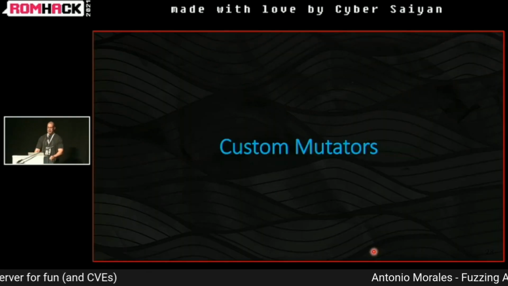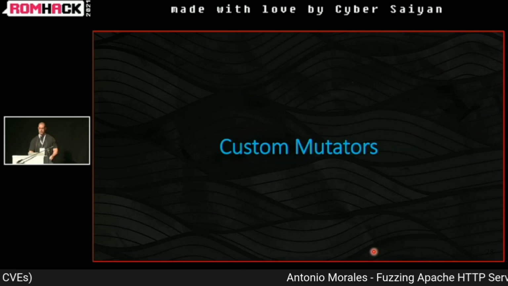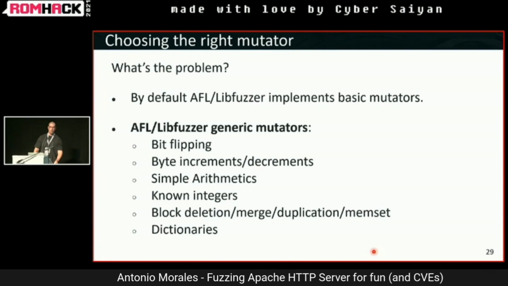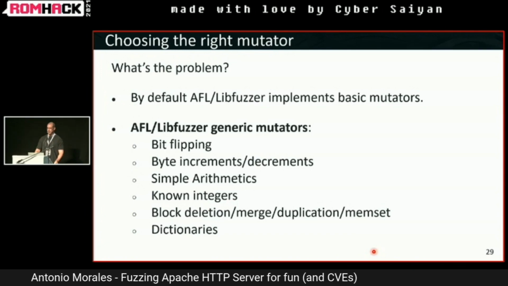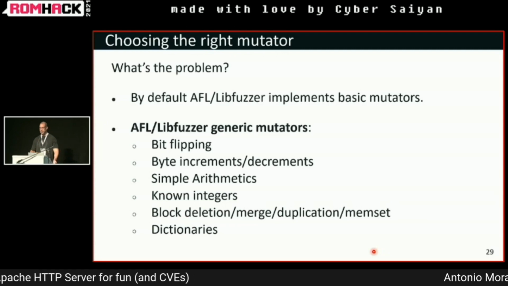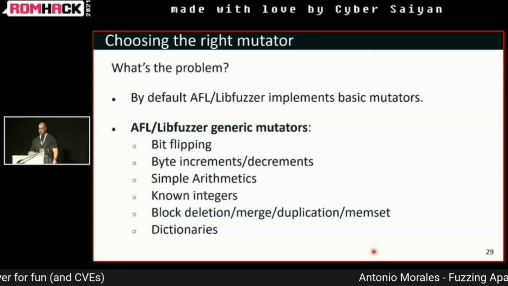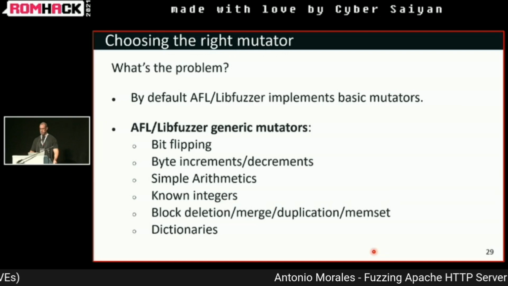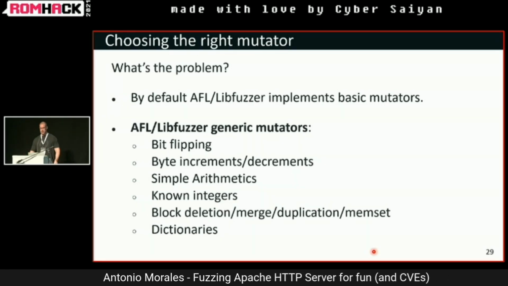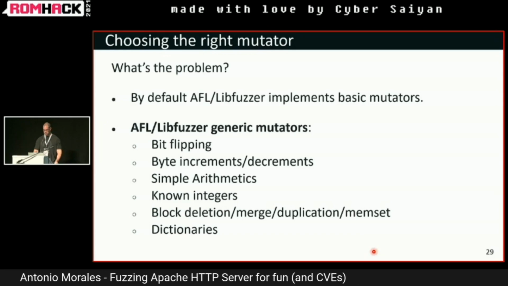Okay, let's give now a brief introduction about custom mutators. So, what's the problem that we want to solve? Well, by default, AFL and LibFuzzer implement basic mutators, like, for example, bit flipping, byte flipping, known integers.